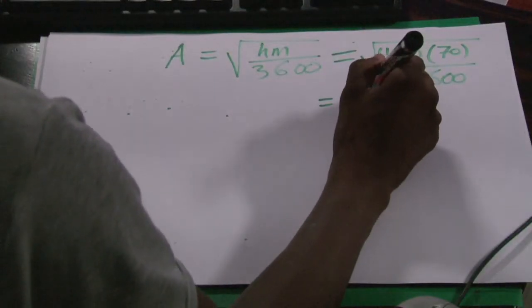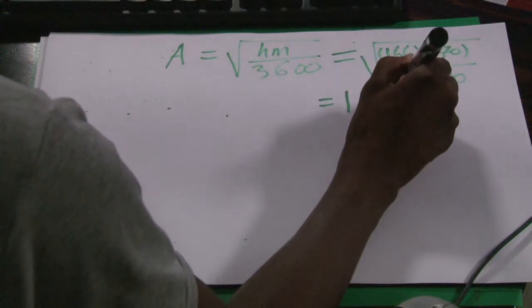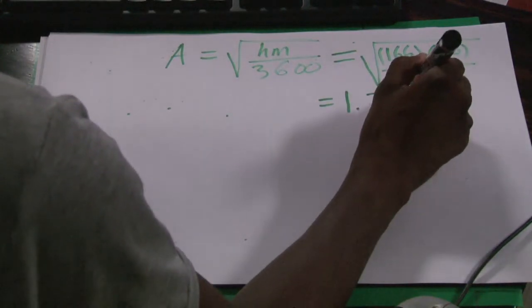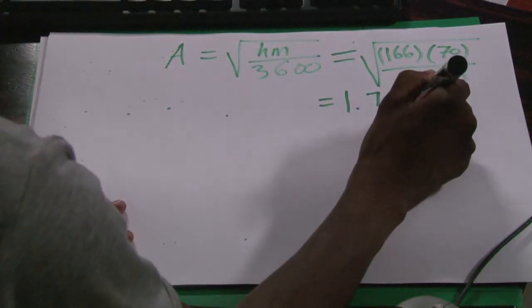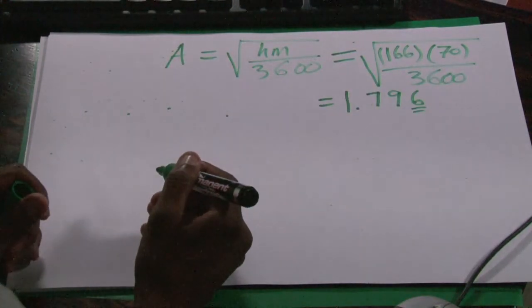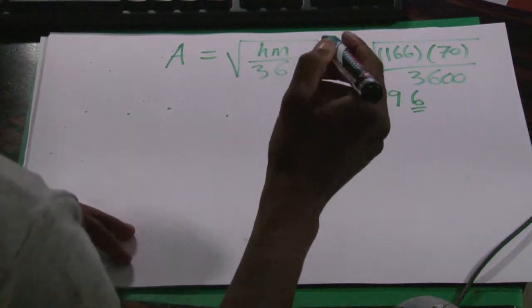So what you need to do is to round it off to 3 significant figures. So I will write the first 4 significant figures, which is 1.796. I don't want to round off this one for now. So now we want 3 significant figures.